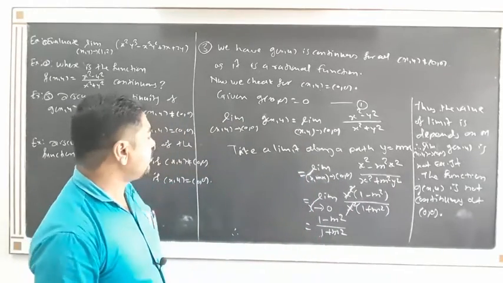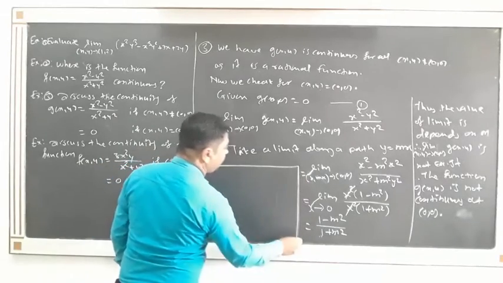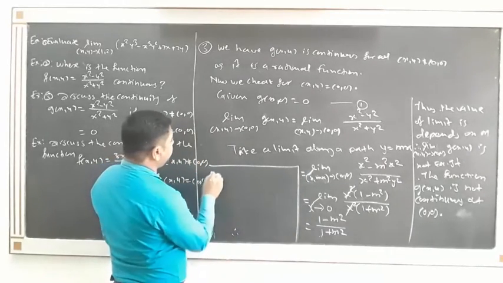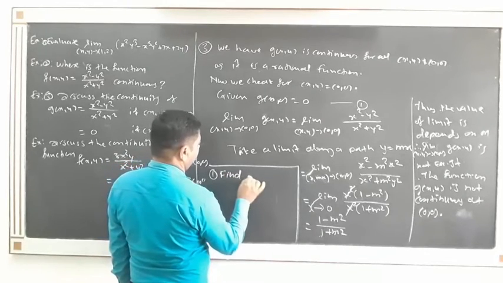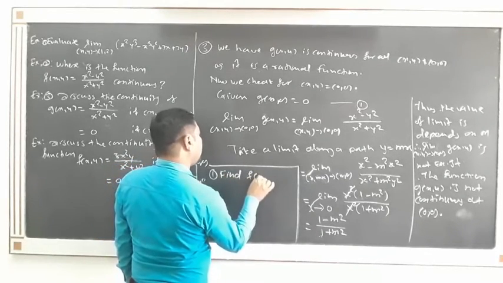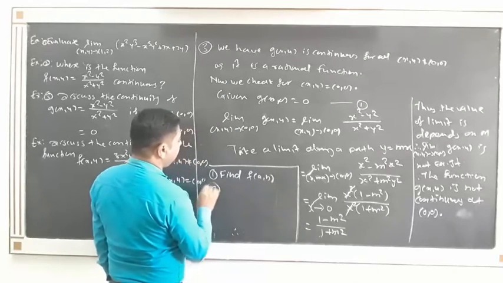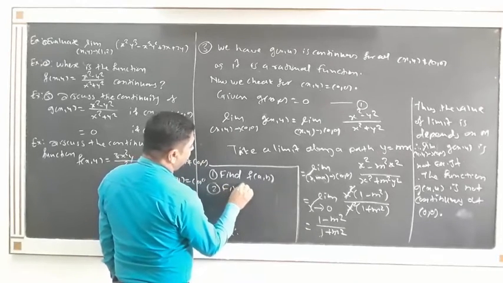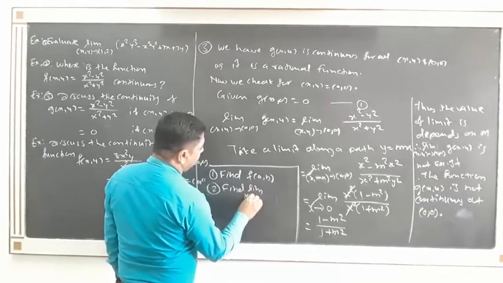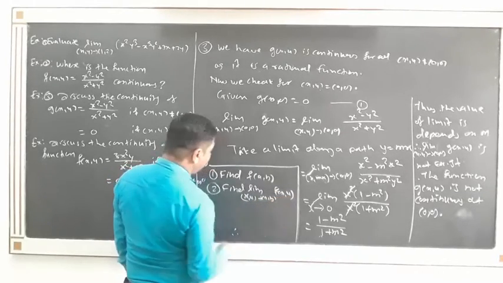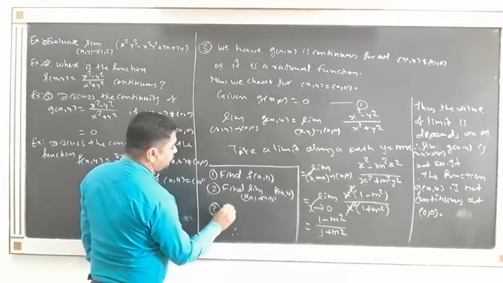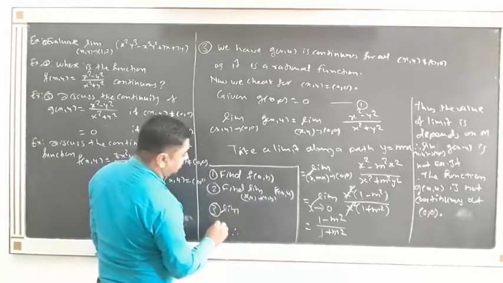Okay, so what are the steps to show the continuity? First, find f of a, b. Second, find the limit as xy tends to a, b of f of xy. And third, check whether the limit is equal to f of a, b or not.